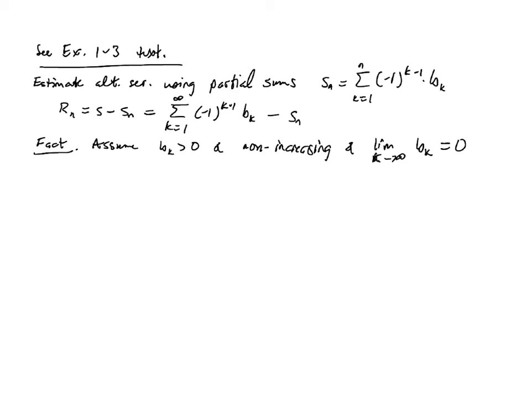So make all the assumptions that you made for the alternating series test, and then it is a fact that the absolute value of the error from that estimate of the alternating series by using the nth partial sum is less than or equal to b(n+1), the n plus first term. Okay? And so I want to show us how we use that in a particular example on the next page.